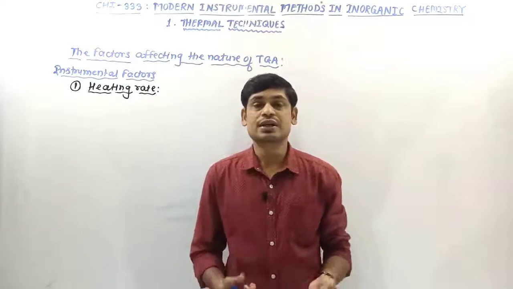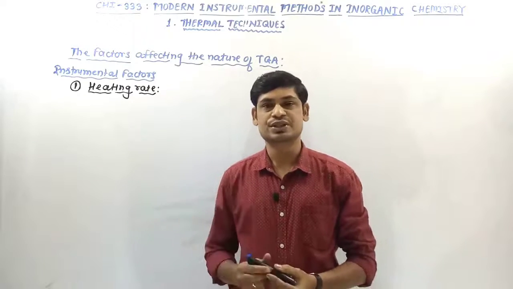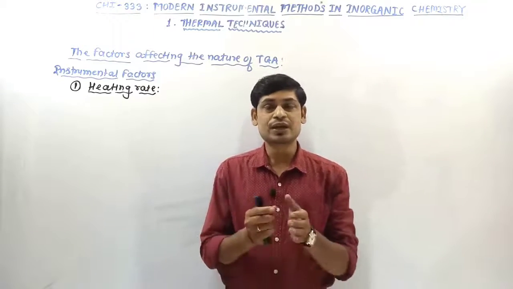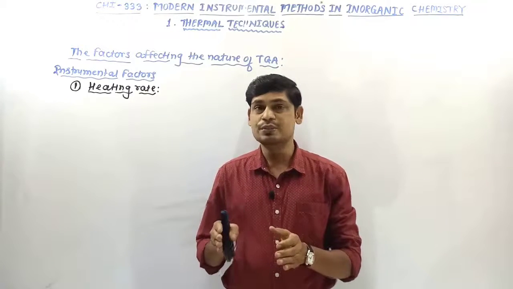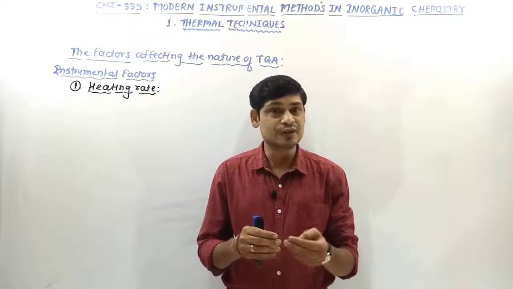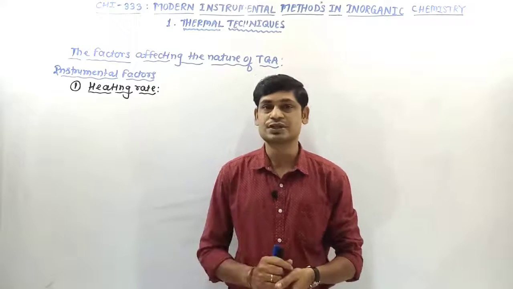The higher the heating rate, the more temperature is required for decomposition. Because we know that in a thermogravimetric analysis, we are going to decompose the material, and during the decomposition, whatever change in weight is observed is recorded as a function of temperature.